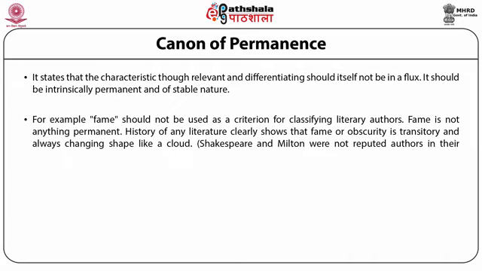Fame is not anything permanent. History of any literature clearly shows the fame or obscurity is transitory and always changing, shaped like a cloud. For example, Shakespeare and Milton were not reputed authors in their times. They are much more reputed and respected now than they were in their own times.